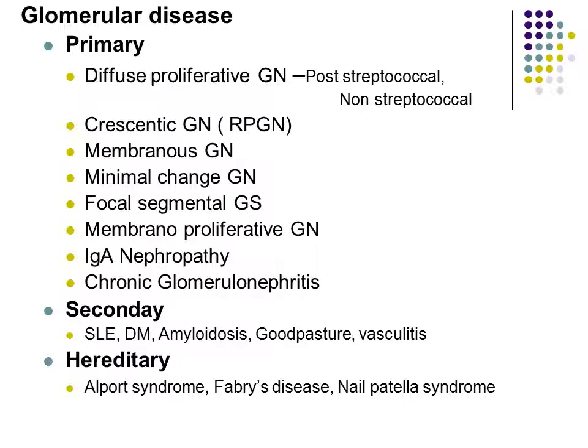Secondary, as I said, these are because of some systemic diseases like SLE, diabetes mellitus, amyloidosis, Goodpasture syndrome, or vasculitis. These can secondarily affect the glomerulus, and hereditary syndromes like Alport or Fabry's disease or nail patella syndrome can affect the glomeruli.